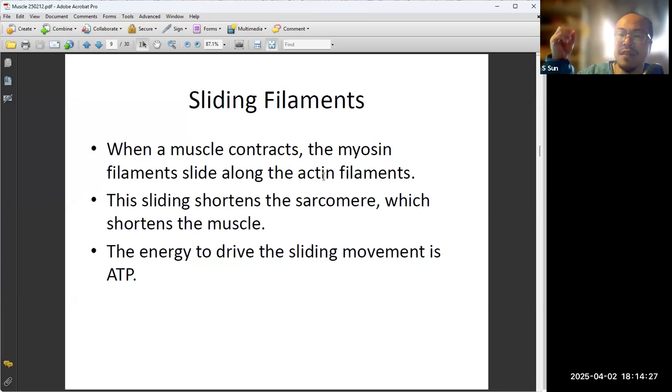The myosin attaches to the thin filament, and the two thin filaments slide through it, approaching the middle. That will cause a shortening of the sarcomere. The sarcomere is the segment between two Z lines. They become shortened, and that will shorten the muscle.